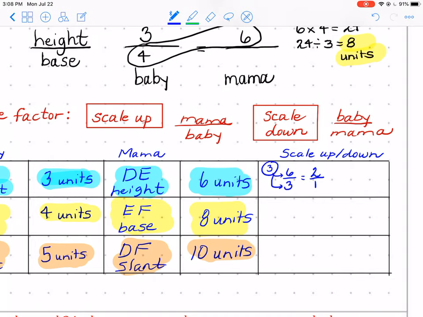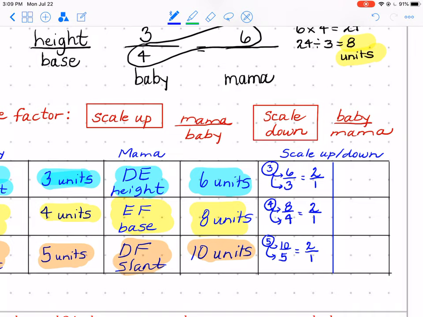Okay, if we're comparing the yellow dimensions, Mama's bigger. She's 2 times bigger than baby. And then 10 to 5. Mama is 2 times bigger than baby. So it doesn't matter which dimension you use, the blue, yellow, or orange, you still have that same scale factor.